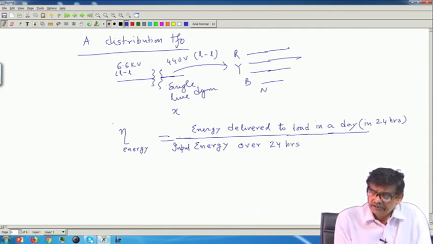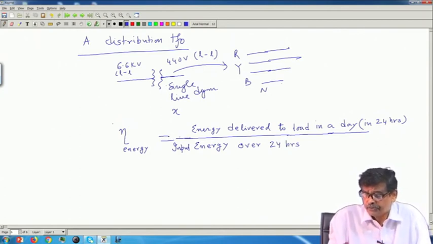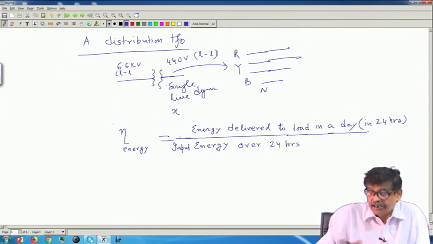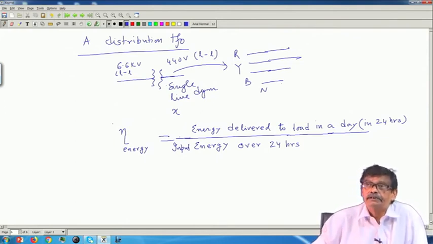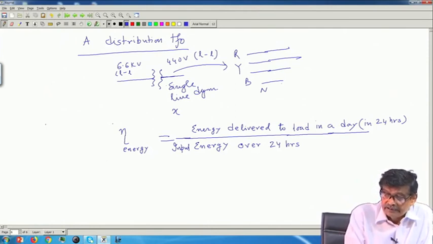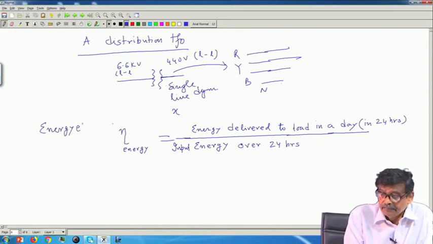Therefore, for a distribution transformer, efficiency is to be calculated in a different way. We will discuss about this. This is sometimes also called energy efficiency, or all day efficiency.